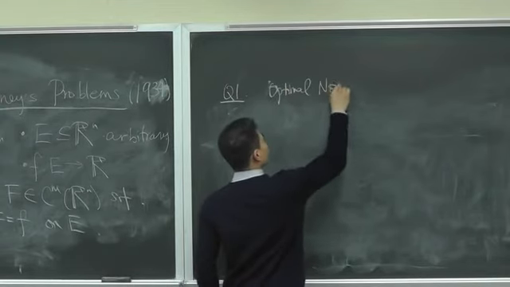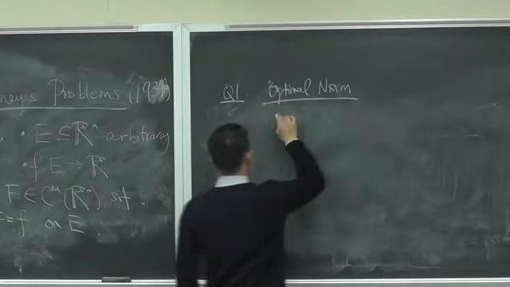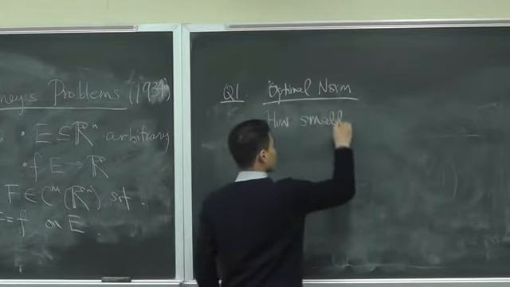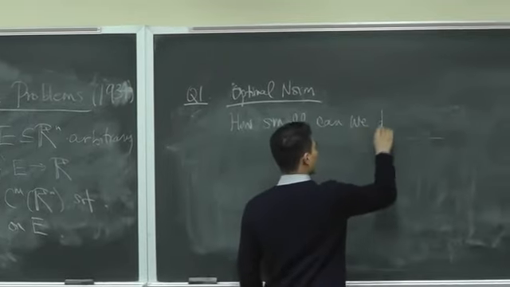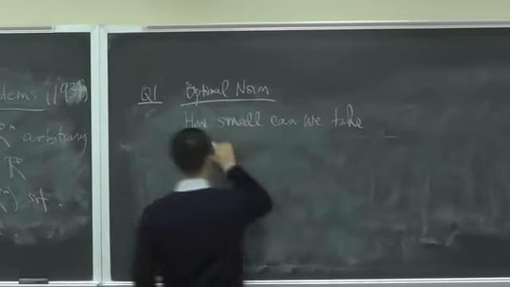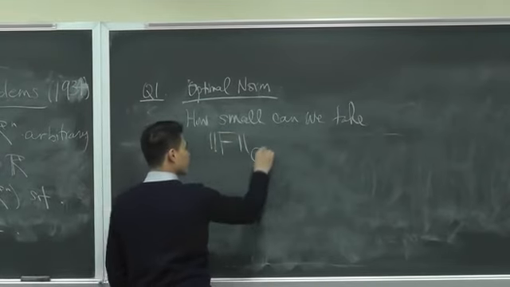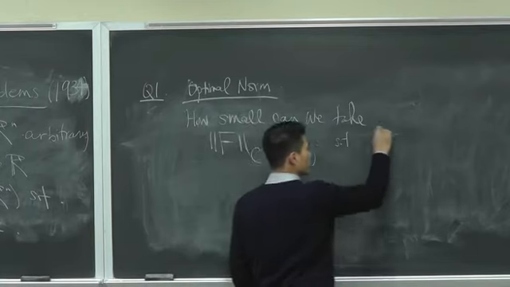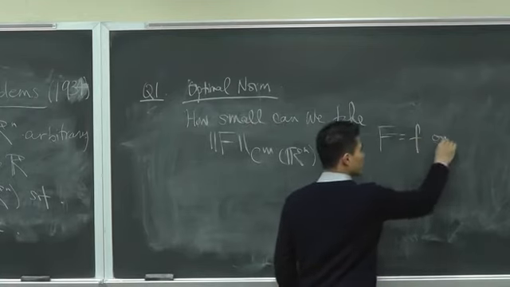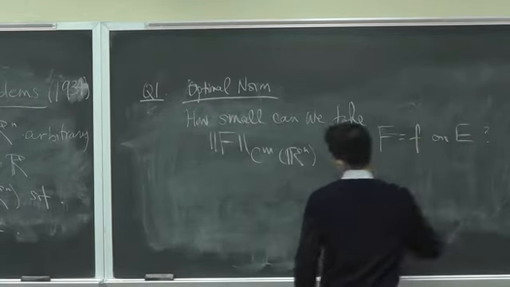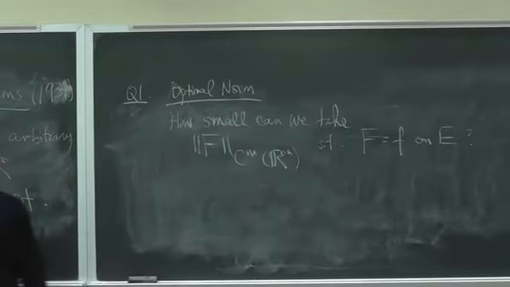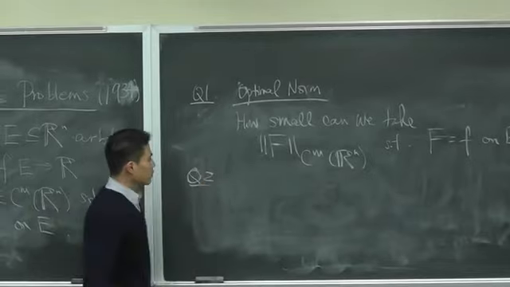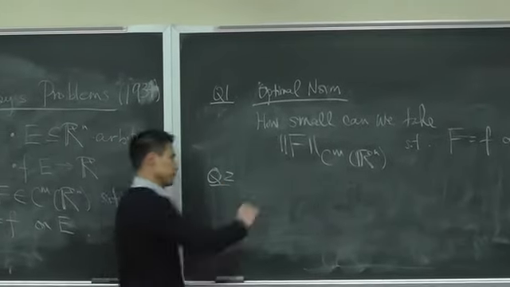Optimum norm problems, which ask how small can we take the norm of F, subject to the condition that F agrees with little f on E. And moreover, what does F look like?